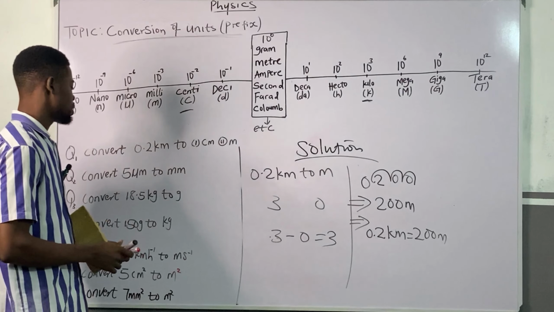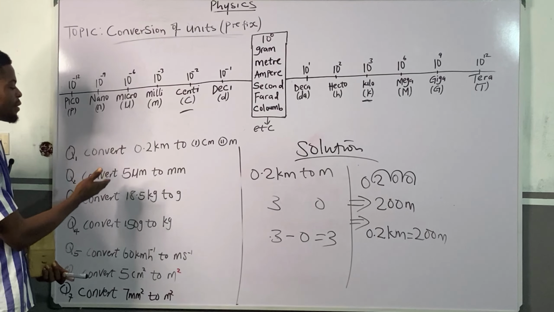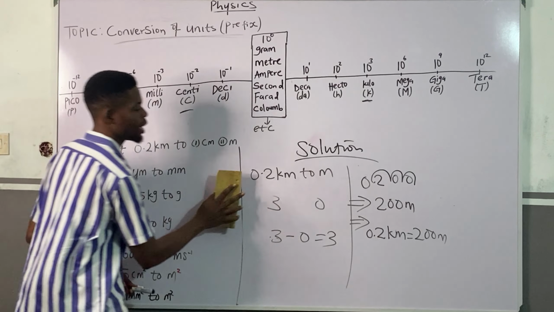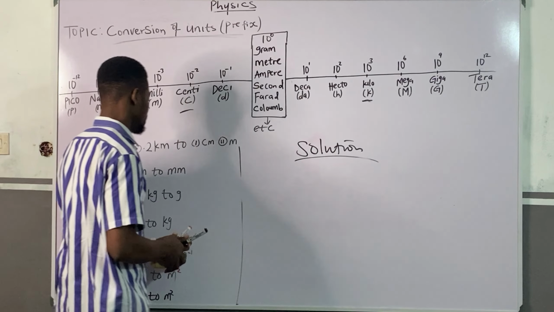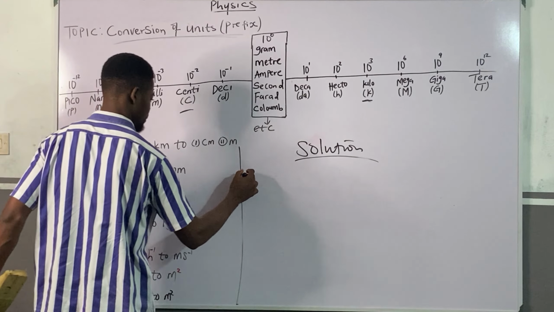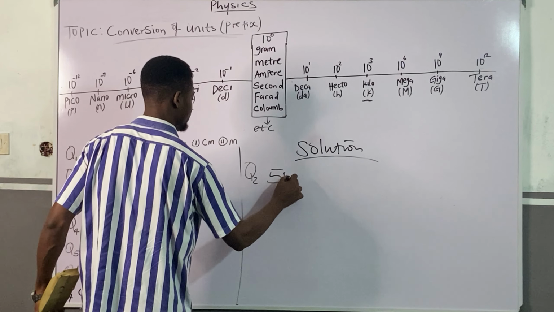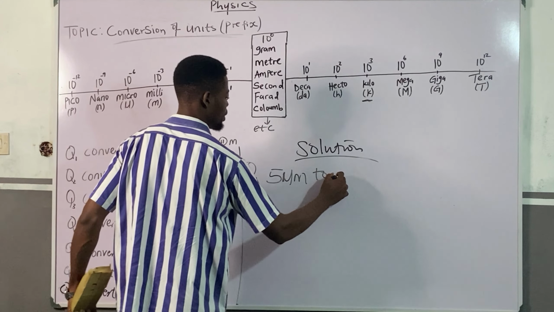Okay. Now let's look at question number 2. They say we should convert 5 micrometer to millimeter. Okay, let's look at it. Now we are converting 5 micrometer to millimeter.